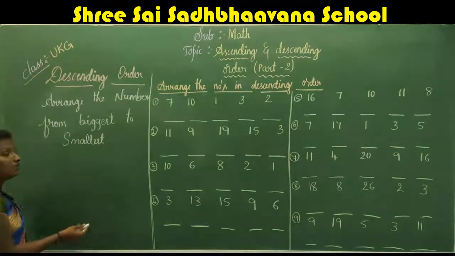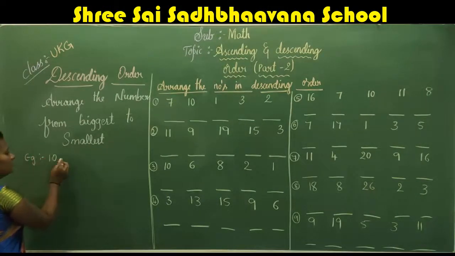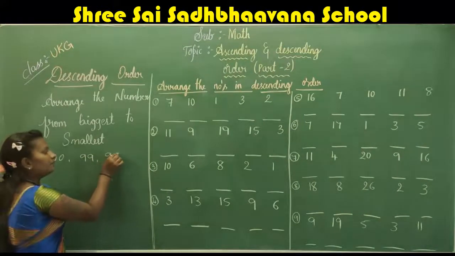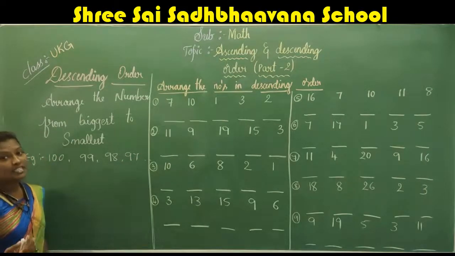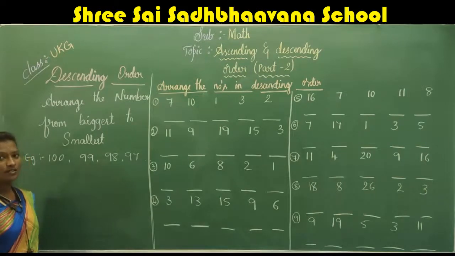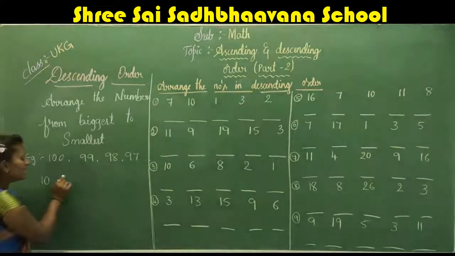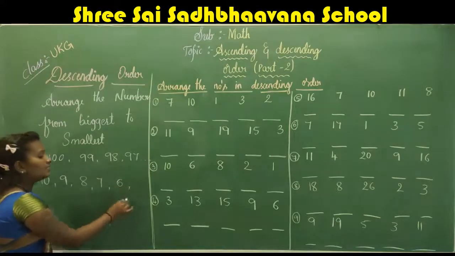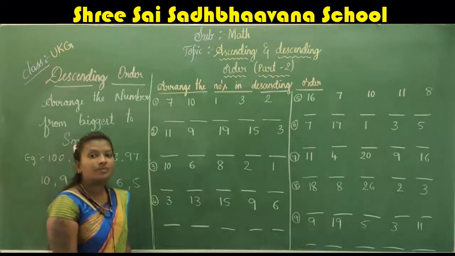Like, for example, backward numbers: 100, 99, 98, 97, 96, 95, 94, 93, 92, 91, and so on. And one more example: 10, 9, 8, 7, 6, 5, 4, 3, and so on.